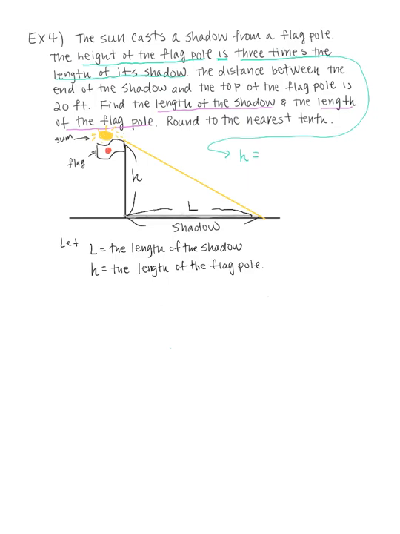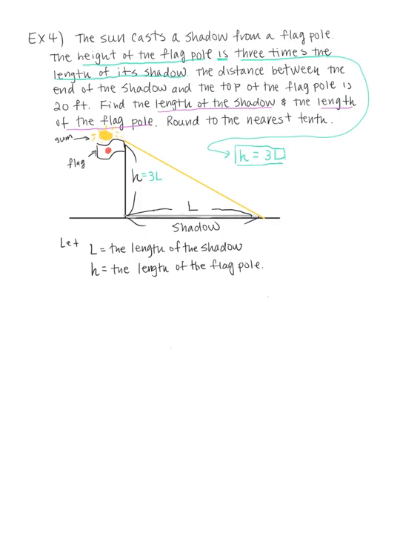So let me just read it again. Height of the flagpole is, so H equals 3 times the length of its shadow. So we now have the key equation of H equals 3L. So this length right here is going to be 3L.